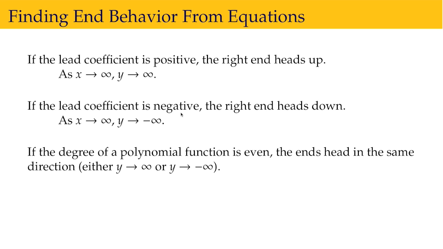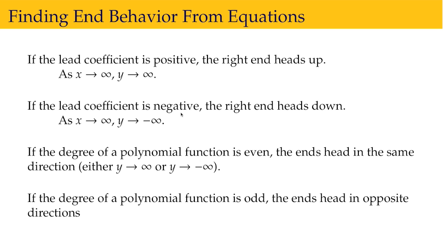If the degree of your polynomial function is even, it's going to be the same for both ends. If the degree of the polynomial function is odd, then it's going to be opposite. If one of them is y going to positive infinity, then the other must be y going to -infinity. If the right end goes to -infinity, then the left end will go to positive infinity.